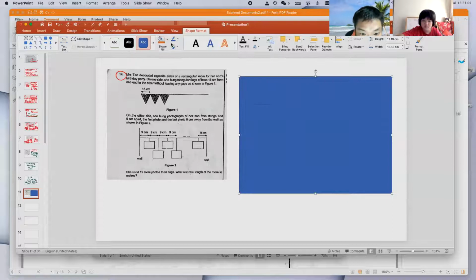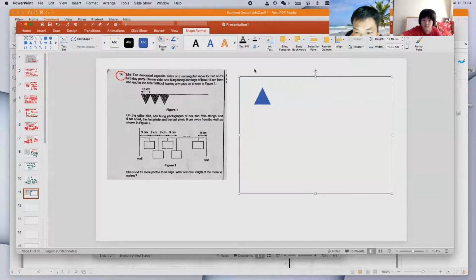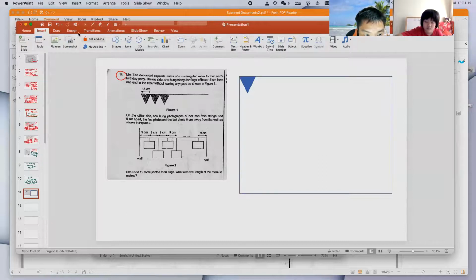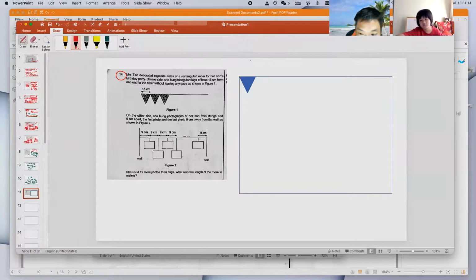Okay, let me just turn it around. Yeah, so basically what you're going to do is you're going to have a lot of this 15, 15, 15, and 15 all the way, cm.